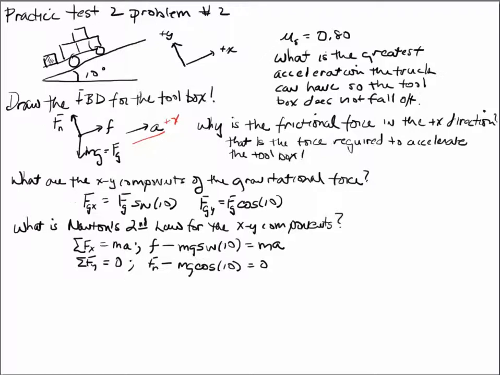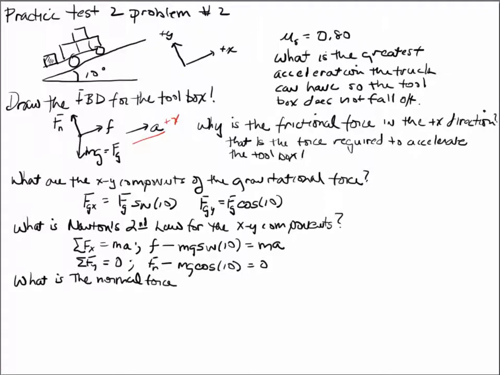So writing out that equation, we have that F, the frictional force, minus mg sine of 10 degrees equals the mass times the acceleration. Force being in positive x, gravity acting opposite that direction. And then we have for the y components, the normal force minus mg cosine of 10 degrees.